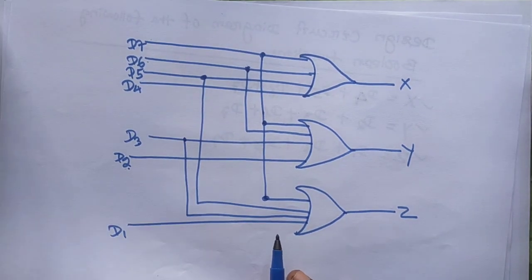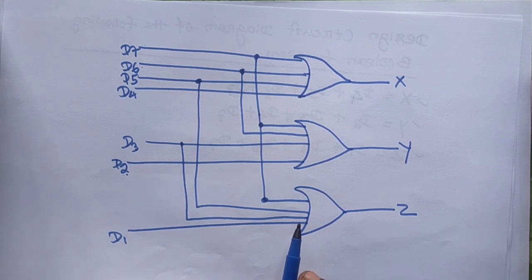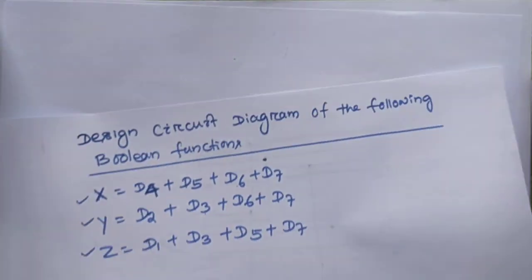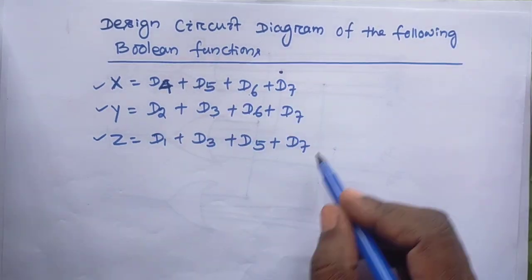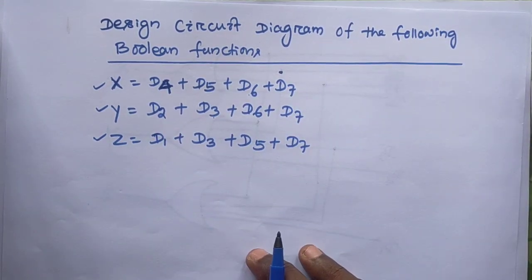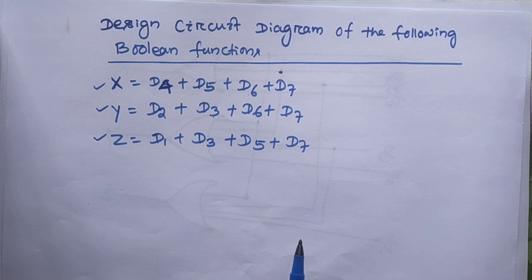Like this, we get the logic circuit diagram based on the following Boolean functions. We draw this circuit diagram based on the Boolean functions. It is very easy, not so difficult.